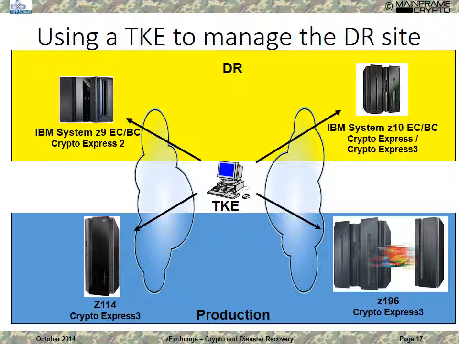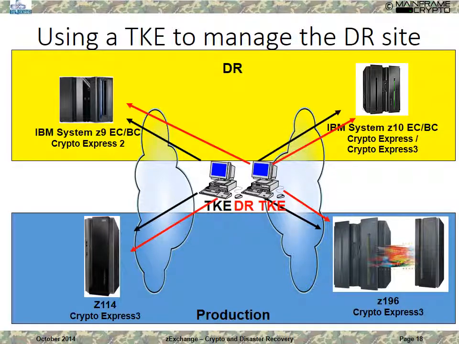Let's go to slide 18. Even if you don't have a disaster, if the hard drive on your primary TKE fails, you're going to need access to a backup TKE to make sure that you can access and manage the production environment. And prudence would indicate that it should probably be located separately from the production TKE.